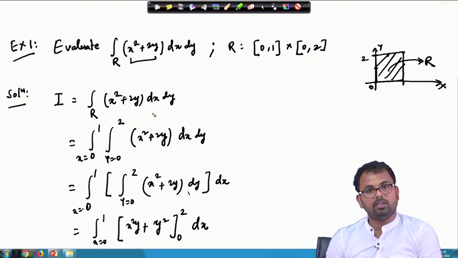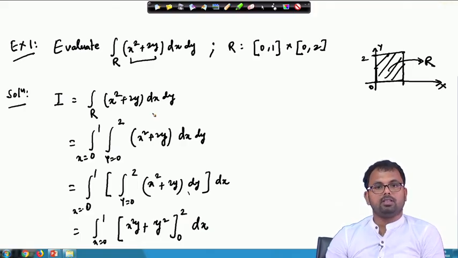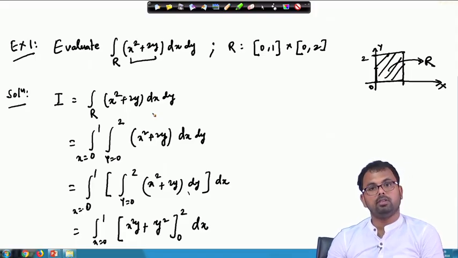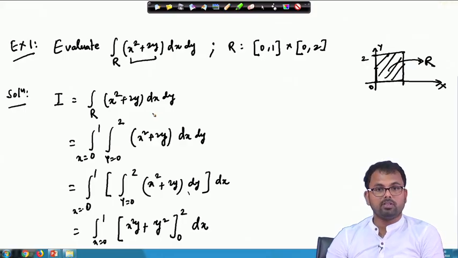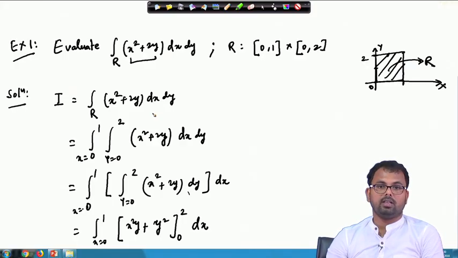The first criterion is that it has to be bounded on that interval, and then we can talk about the double integral existing. Afterwards, it does not matter whether you integrate with respect to x first, treating y as constant, or with respect to y first, treating x as constant.